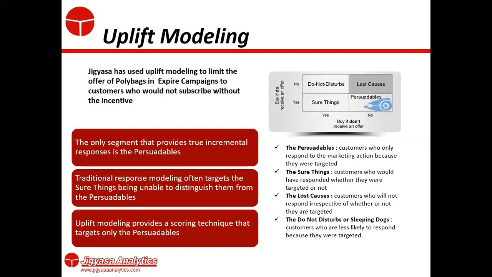In terms of uplift modeling, one way to look at it is that the universe of potential subscribers can be divided into: buy if they don't receive the offer, buy if they do receive the offer.